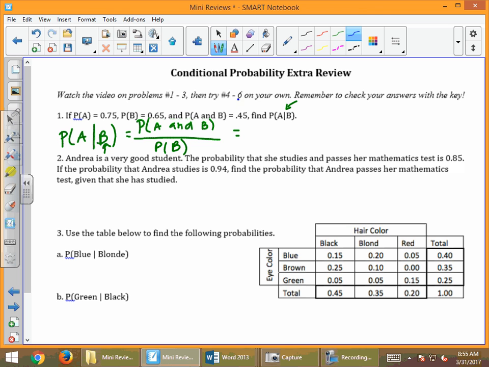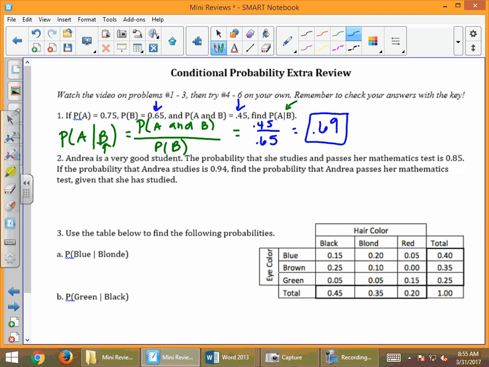So the probability of both is 0.45 and the probability of B is 0.65. And again, you just divide that in your calculator. 0.45 divided by 0.65, and that gives you 0.69. Follow that formula every single time when you have that straight up and down line. That means given.